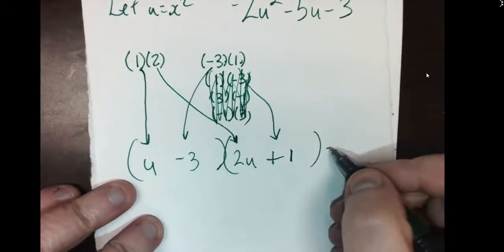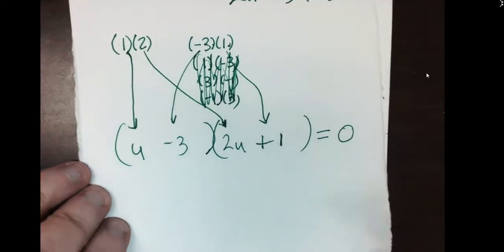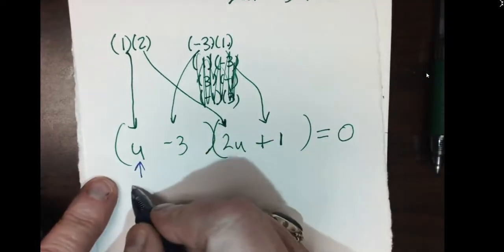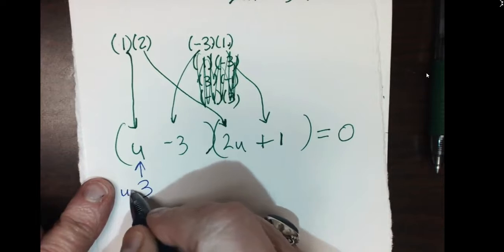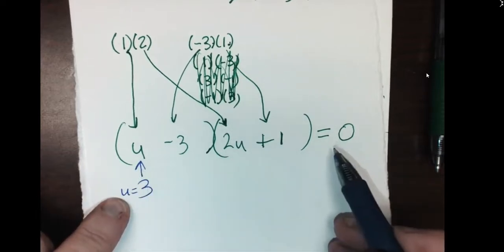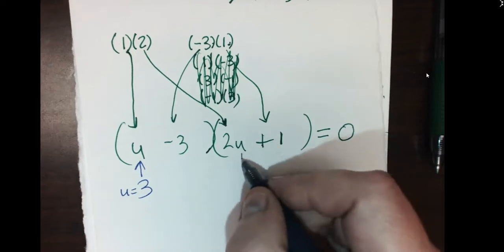So what are the zeros? I set this equal to 0. What will make this 0? Well, if u is equal to 3, that'll make the whole thing 0. So u equals 3 is a zero. What will make this 0? Well, if u is -1/2.